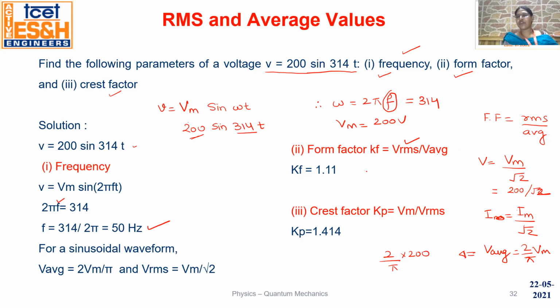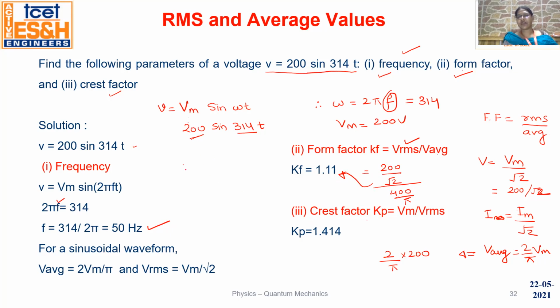Now put the value of Vrms. Vrms is 200 divided by root 2, divided by 400 by pi. So after solving this, you will get 1.11.